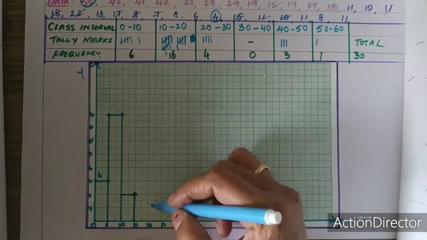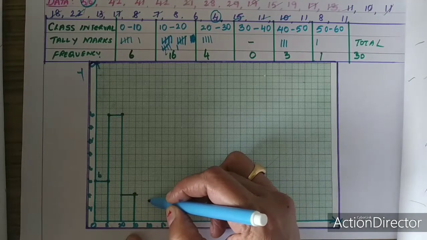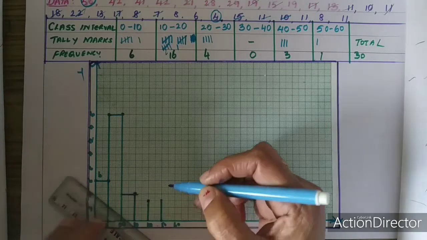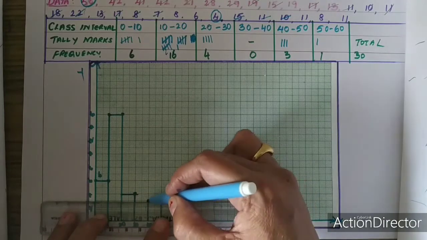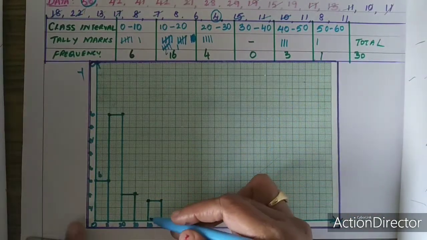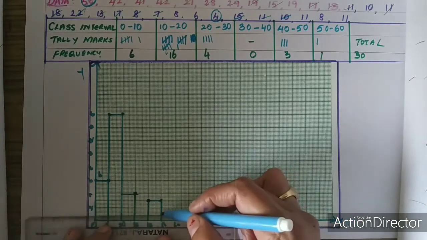So 40 to 50 is 3. Where is 3? 3 lies between 2 and 4 over here. So 3 is here. Next is 50 to 60 is 1. 1 lies between 0 and 2. So here it is 1.